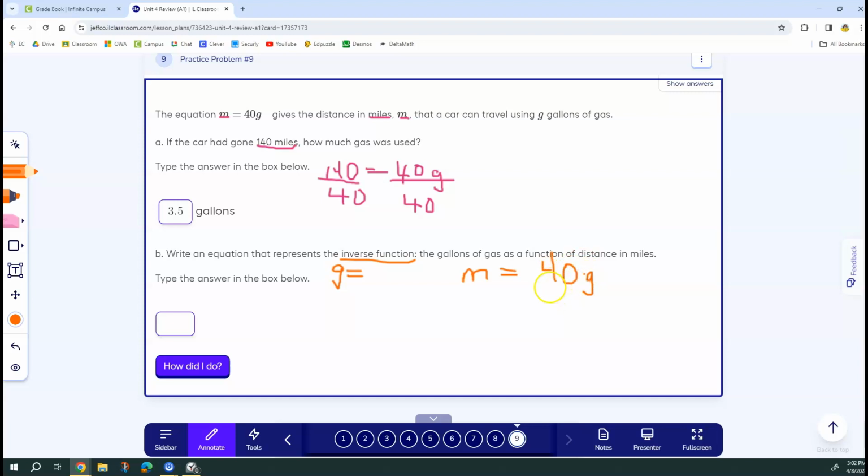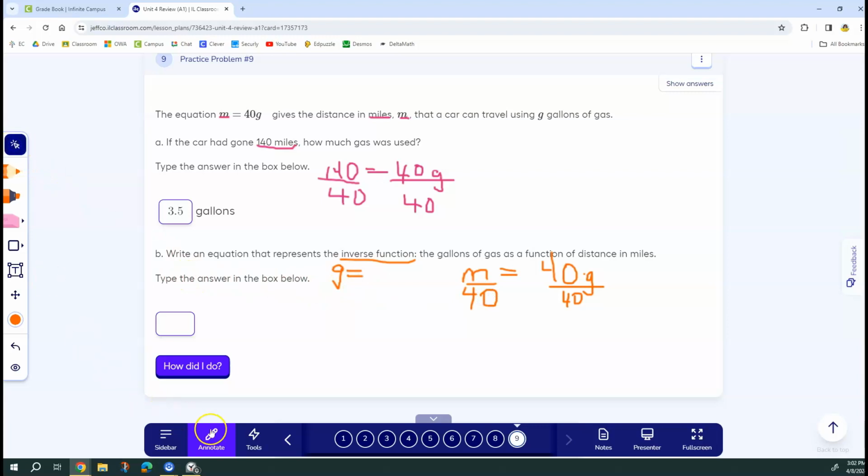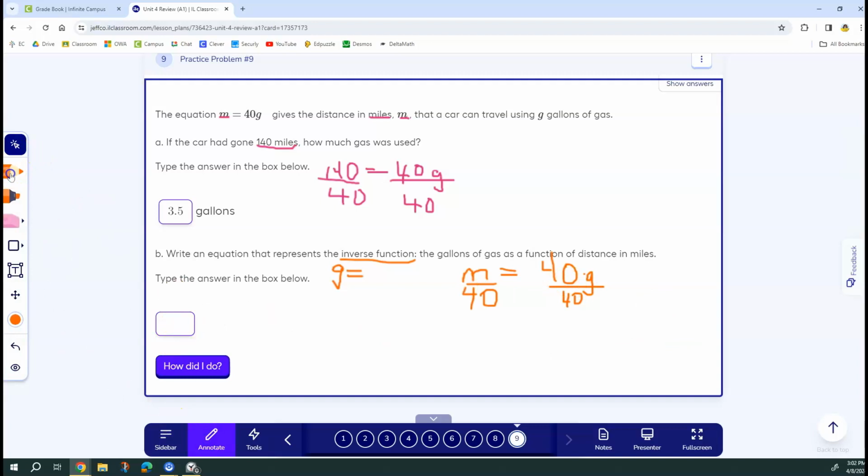Right now it's being multiplied, so the inverse of multiplication is division, so we simply divide both sides by 40. Now that I've gotten rid of the 40 by dividing both sides, now I have the g all by itself, and it equals m over 40.